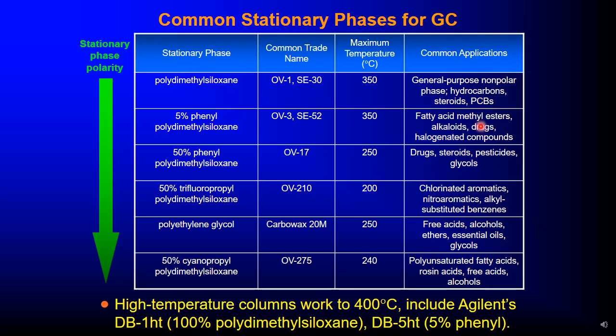So you can see a range here of some of the compounds that you might want to separate versus the stationary phase that will do better, and the temperature that is working better.